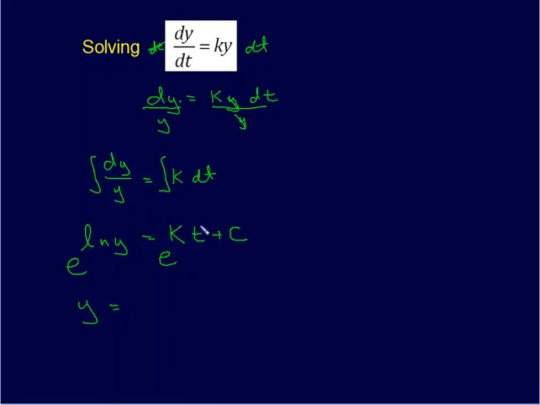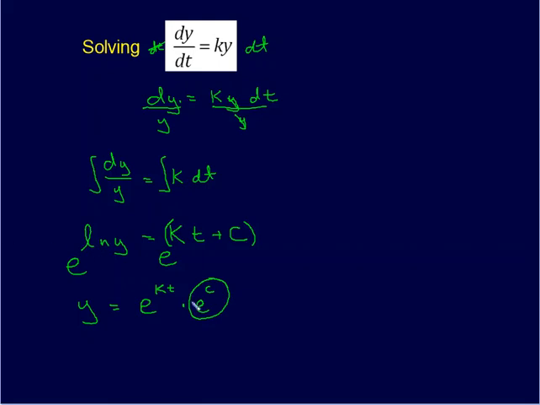And now remember the little bit of algebra on this side. Remember that this is e to the power of the entire quantity, kt plus c. So remember your algebra here. That really means this is the same as e to the kt times e to the c. And I'm just going to circle this and say, well, that's really just another constant.